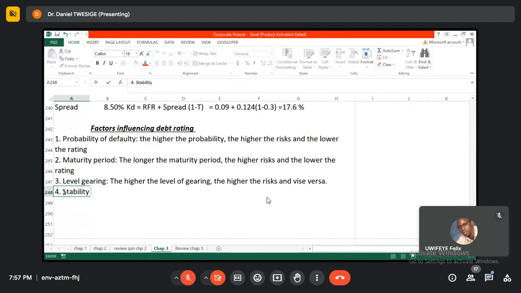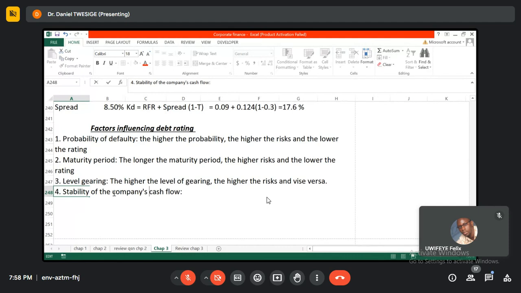Stability of the company's cash flow. With stable cash flows, the company is able to pay the debt. If the company has stable cash flows, it has the capacity and the ability to pay the debt.